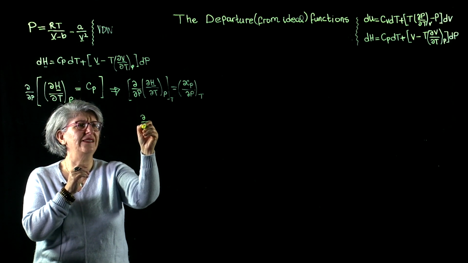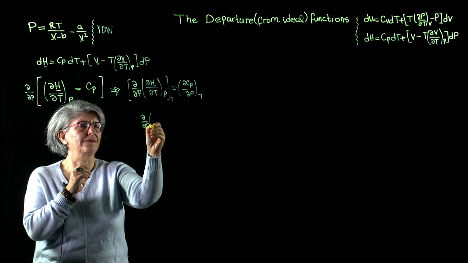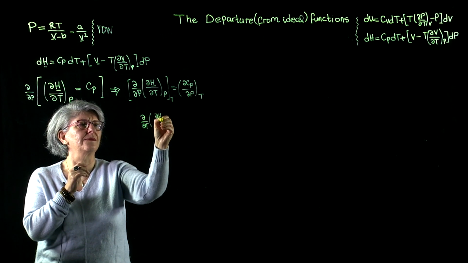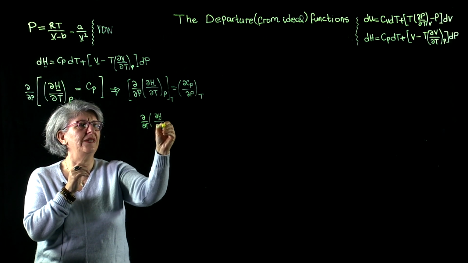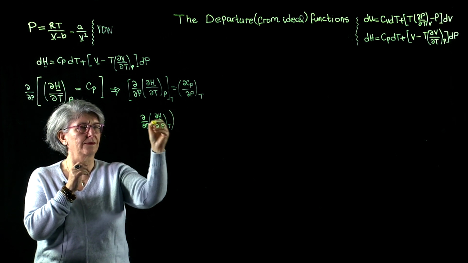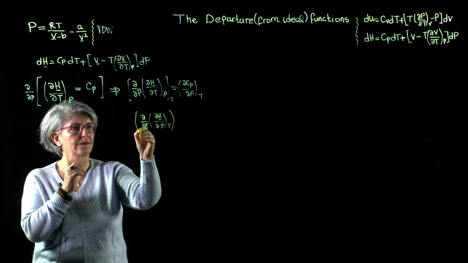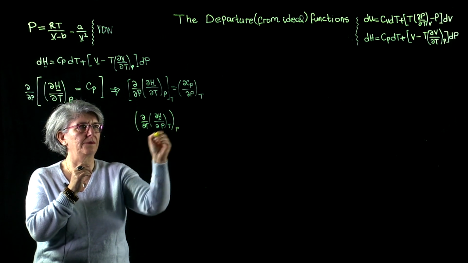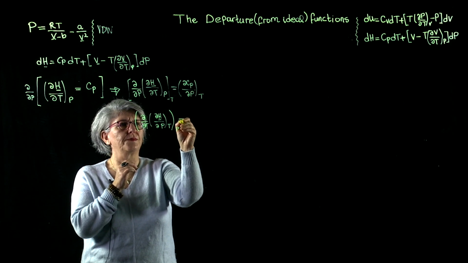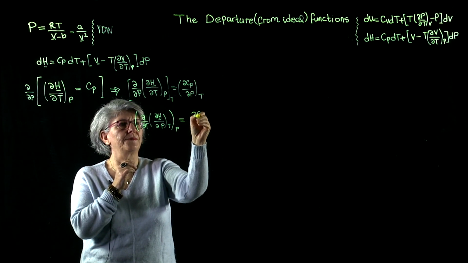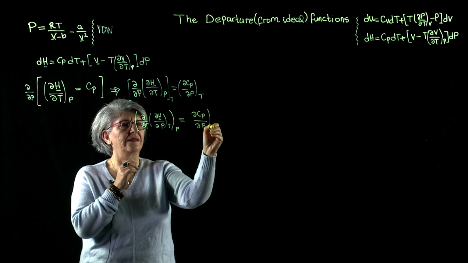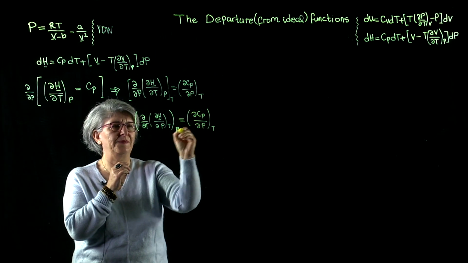Del over del T times del H over del P at constant T, at constant P, is equal to del Cp over del P at constant T.